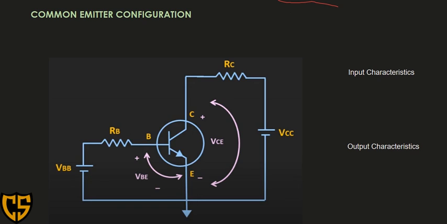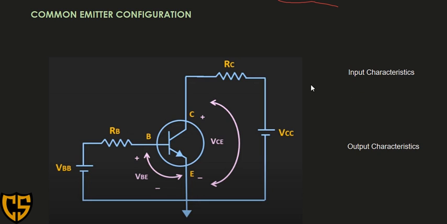So in a common emitter configuration, we have this input loop on this side, and then we have our output loop on this side. In our input loop we have input characteristics.